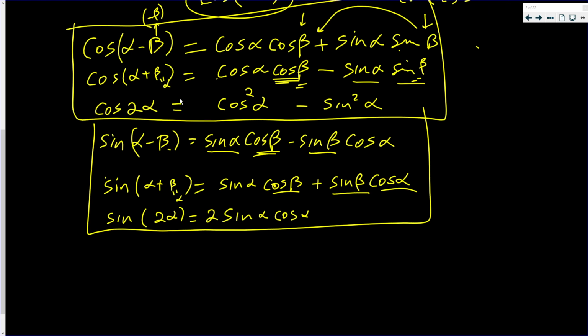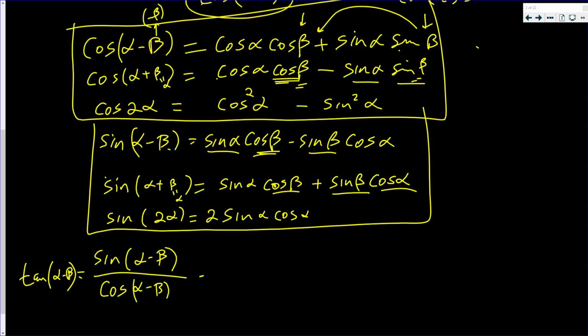Now, it's up to you if you want to memorize their tangent. But we know that tangent of any angle is equal to the sine of that angle divided by the cosine of that angle. Well, we have these.